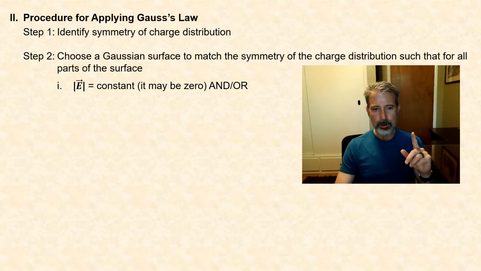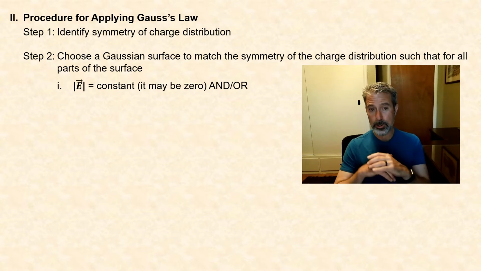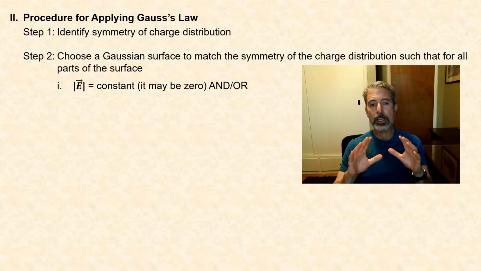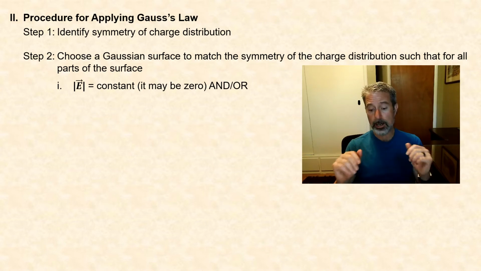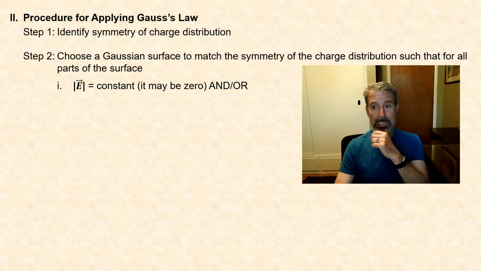The first criterion when you're choosing your Gaussian surface is that the magnitude of the electric field must be constant. It may be zero, but it must be at least constant for each piece of the surface, if not for the entire surface as a whole.